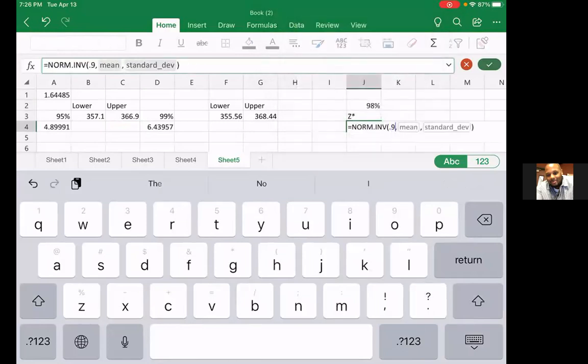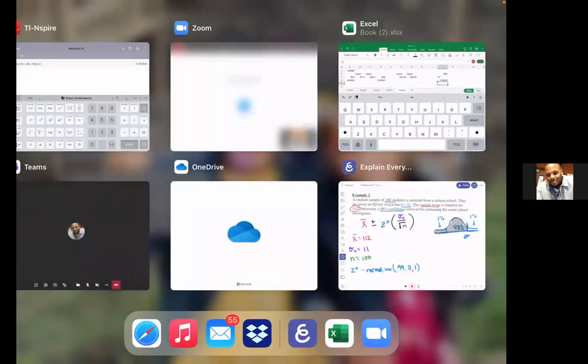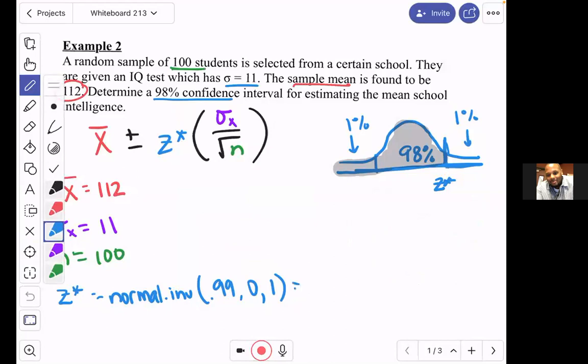Remember, it's 0.99. The mean was 0. Standard deviation is 1. There's my Z star, 2.32635. So I'll say 2.326. Go to 3 decimals. So my Z star is equal to 2.326.